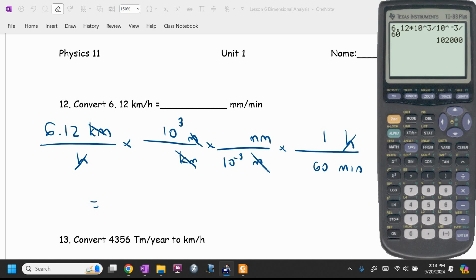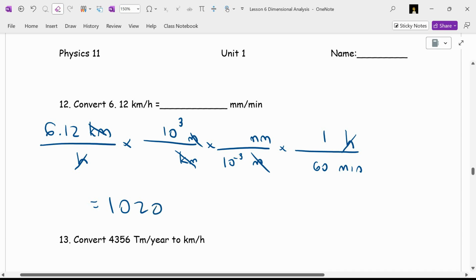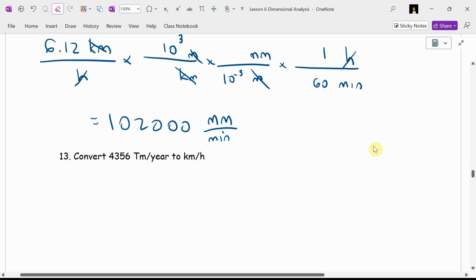Always nice when we don't get yucky decimals. 102,000 millimeters per minute. He's correct. This is not scientific notation, so you'll actually write 10 exponent to the power of button. There you go. If you use your scientific notation button here, it won't work the way you want it to.